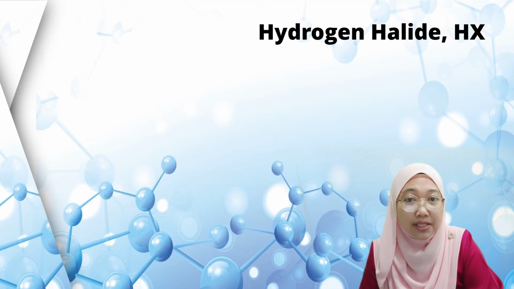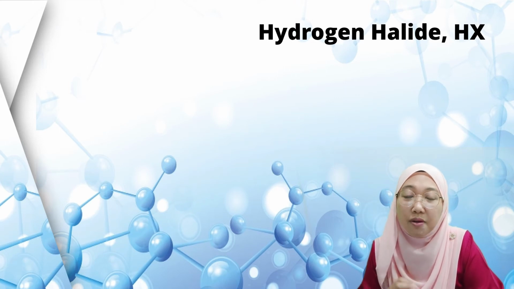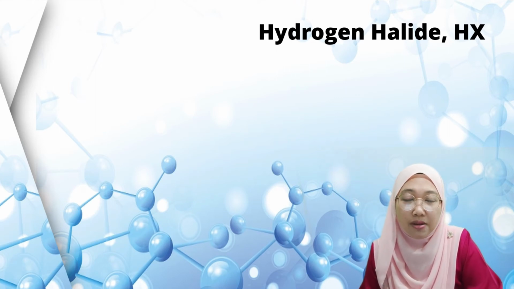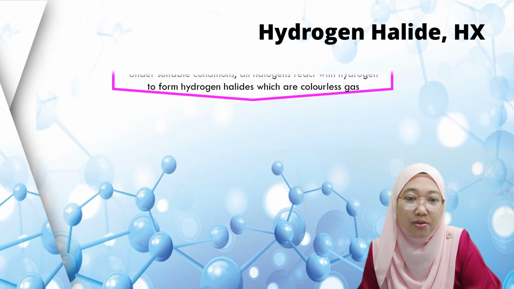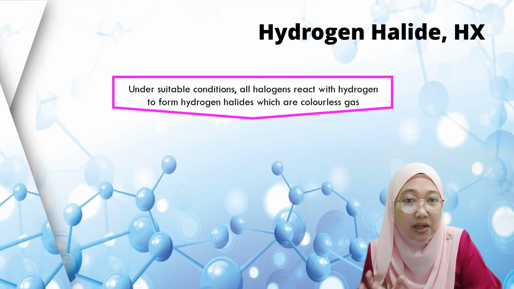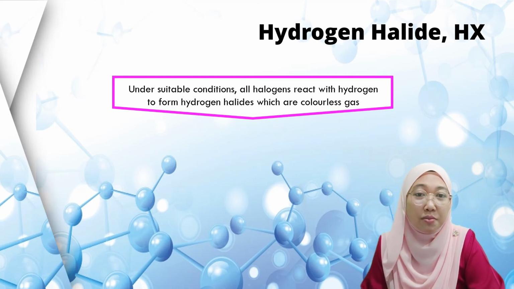Next, hydrogen halide. Hydrogen halide comes from halogen, but in the form of ion. So it can be hydrogen chloride, hydrogen bromide.